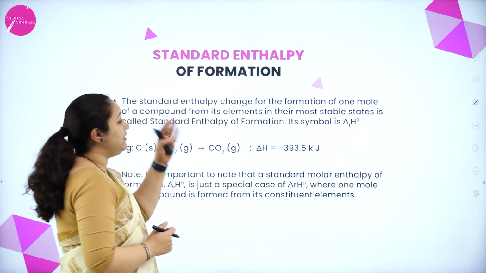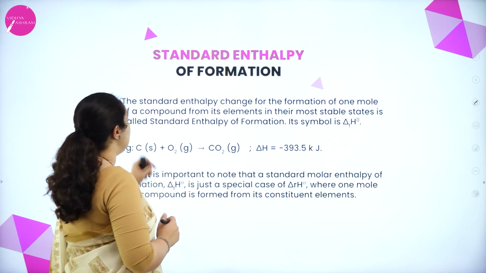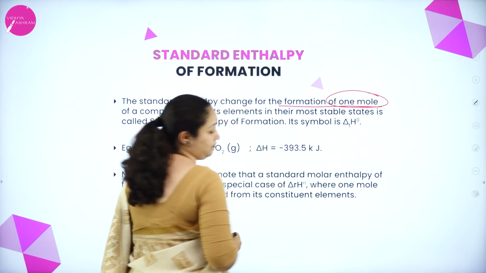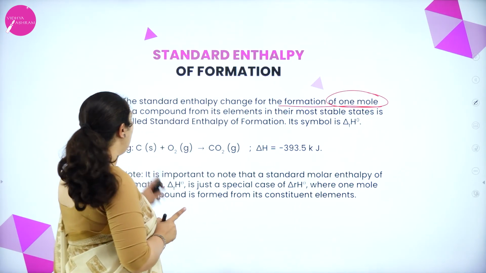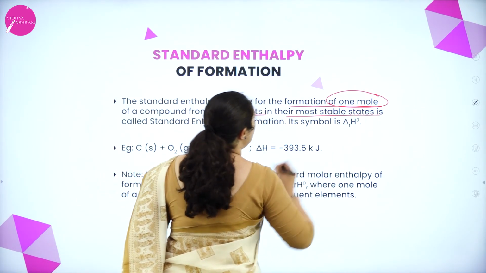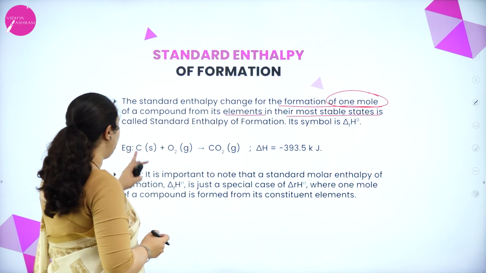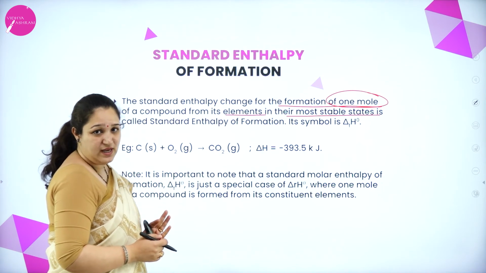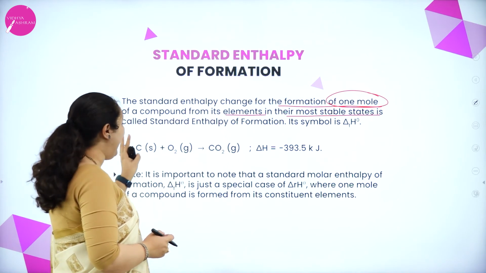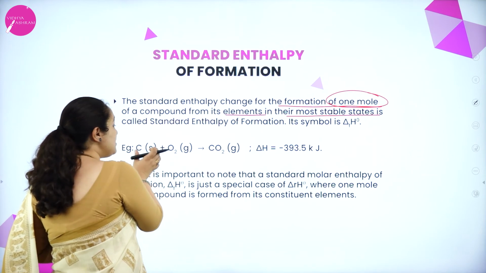Next is standard enthalpy of formation. Now what is the standard enthalpy of formation? The standard enthalpy of formation is for 1 mole, how much is formed? 1 mole of the compound from its elements in their most stable state is called the standard enthalpy of formation. For example, you can take carbon plus oxygen giving carbon dioxide. So 1 mole of carbon dioxide should be formed from the elements in their standard states, the most stable state.